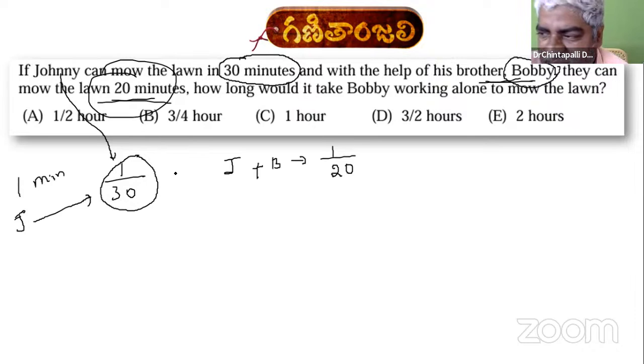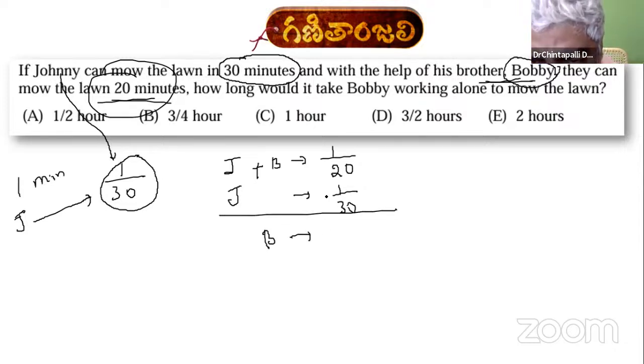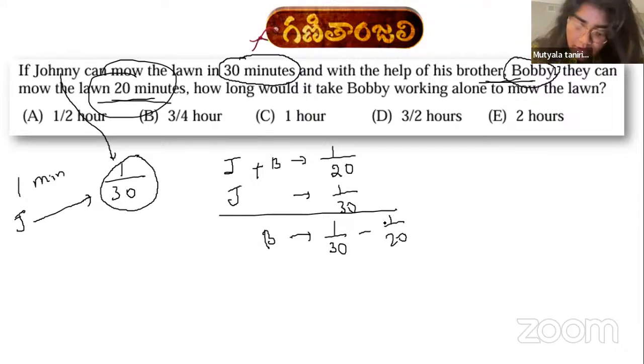J plus B is 1/20, only J is 1/30. Then what is only B? Together 1/20, individually 1/30. So only B is 1/20 minus 1/30.